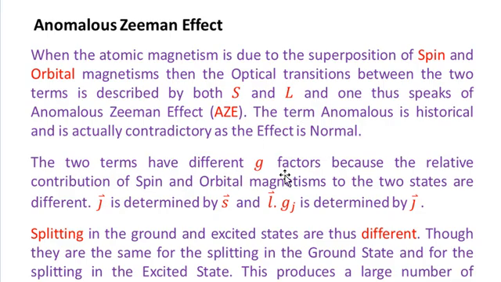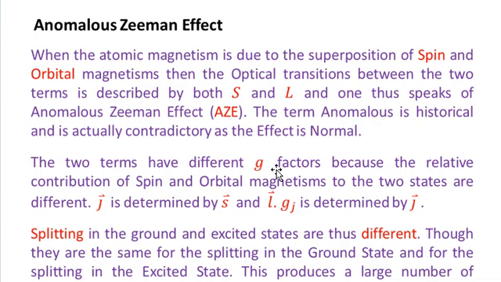The two terms have different G factors. Now you see that if we are considering the transition between two levels or between two states in the anomalous case, then of course the G factor will be different for the lower state and different for the higher state. When the G factor is different for the lower state and the upper state, then of course the splitting gap between the lines in the lower state will be different from the splitting gap in the upper state.